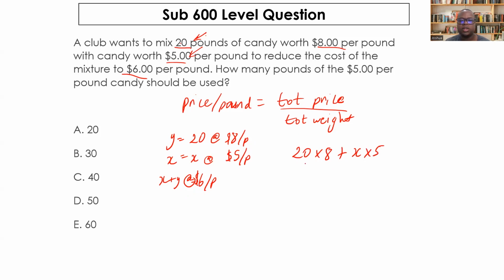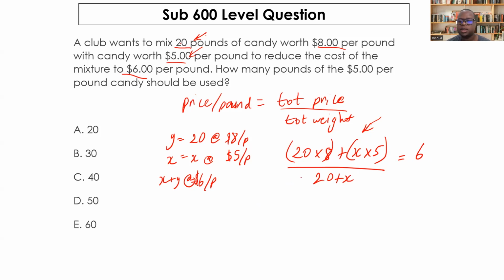Then we'll divide it by the total weight, which will be 20 plus x, and that should give us the price of 6. If we solve this equation, we should have our answer of how many pounds of x. That is what we're being asked: the pounds of x that you require to get the price to 6.